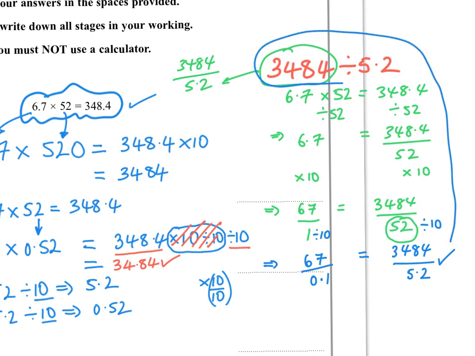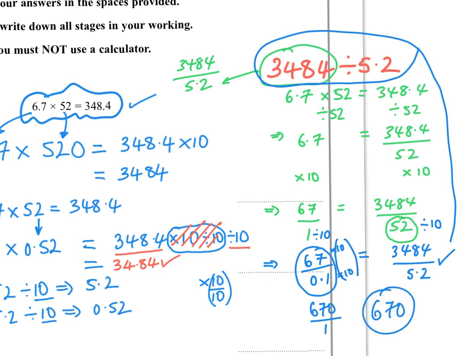So all we've now got to work out is what is this? And if you don't know how many 0.1s go into 67, then you can just times the top one by 10 and times the bottom part by 10, which is really the same as timesing by 1, and you'll get 670 over 1. So the answer should be 670.